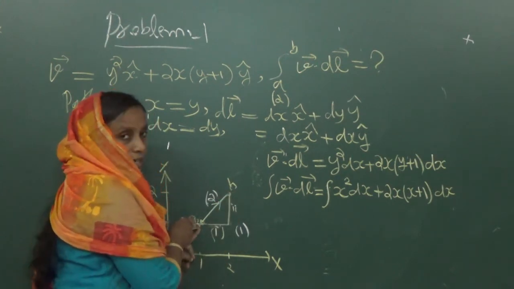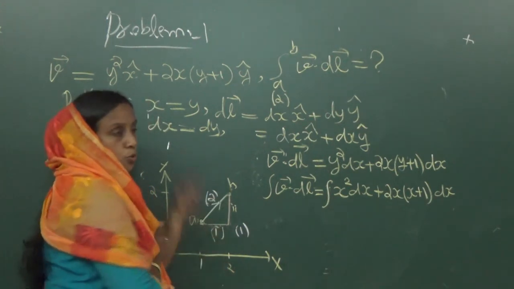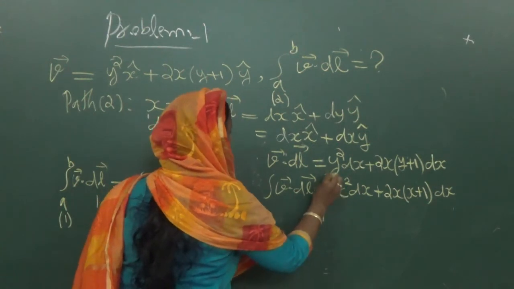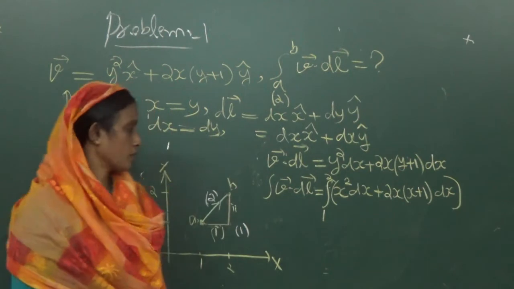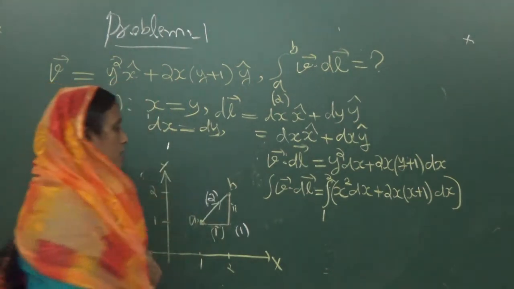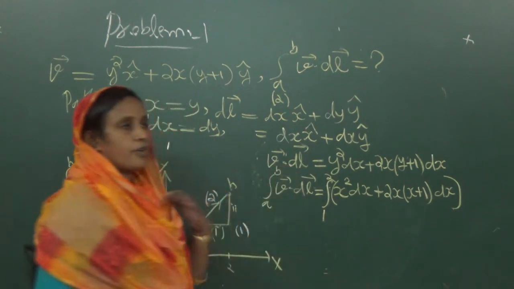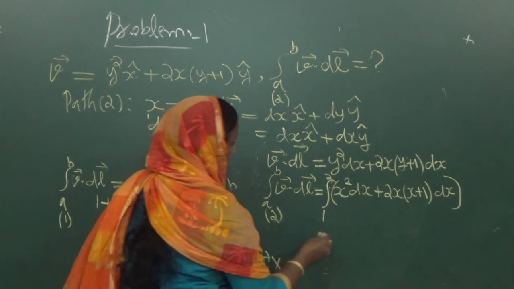You start from here where the x coordinate is 1, and when you reach here, your x coordinate is 2. This gives you the integral from a to b of v dot dl along path 2.